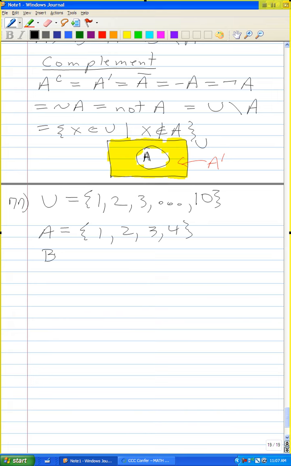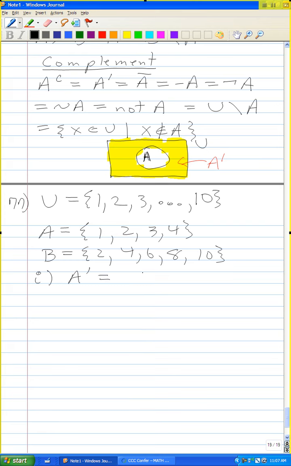The set B is 2, 4, 6, 8, 10. First, compute the complement of A. So what is not in A?